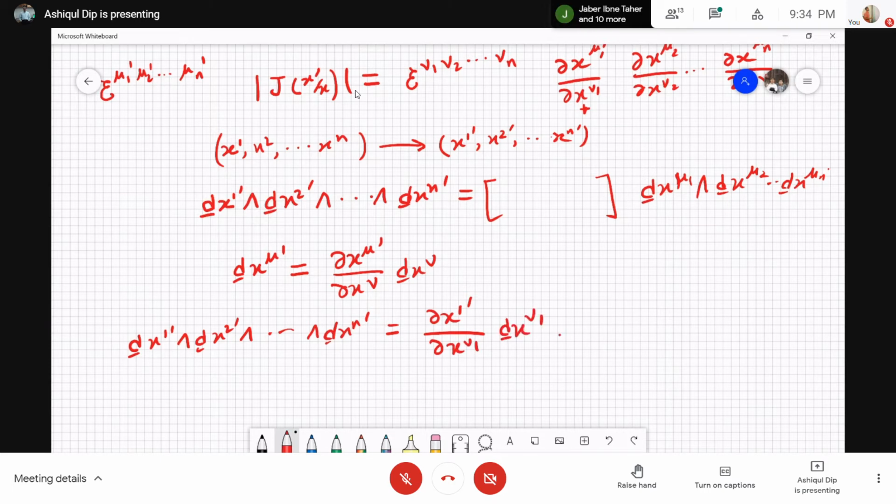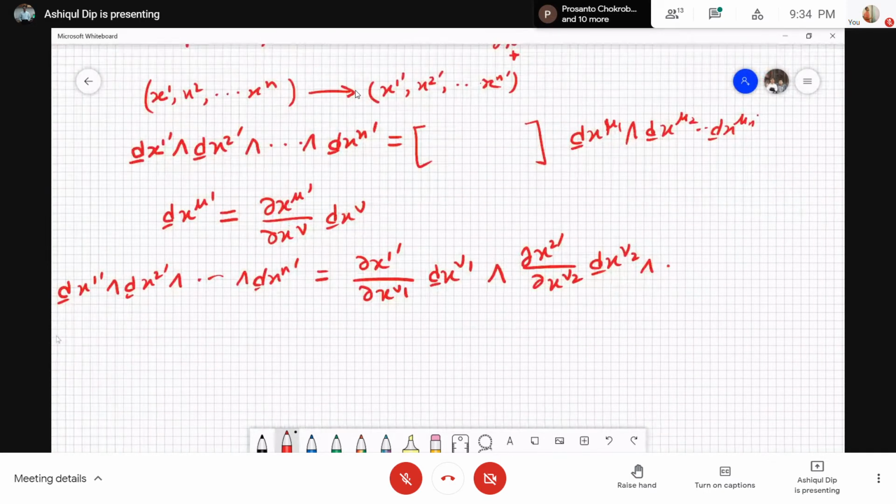Then expanding the second one will be delta x2 prime by delta x nu 2 dx nu 2, where nu 1, nu 2 are different indices, up to delta x n prime by delta x nu n dx nu n. We can do that.